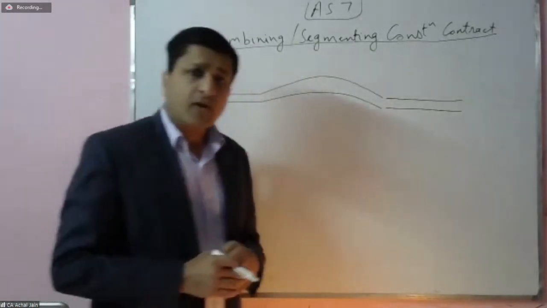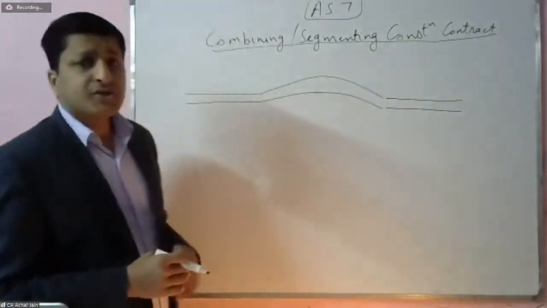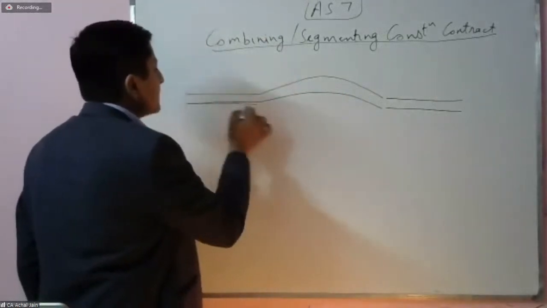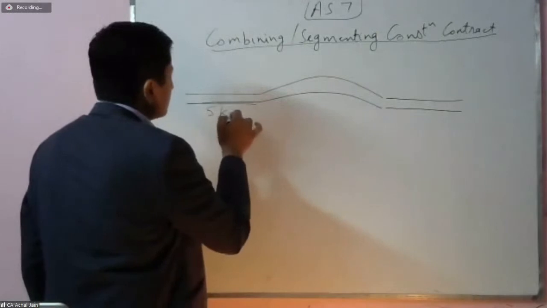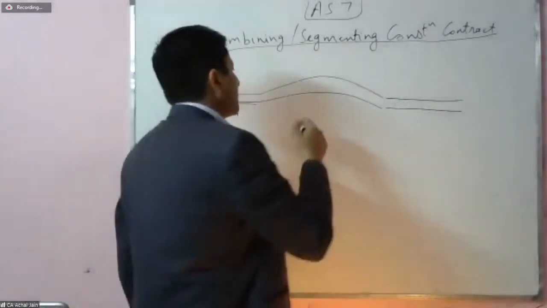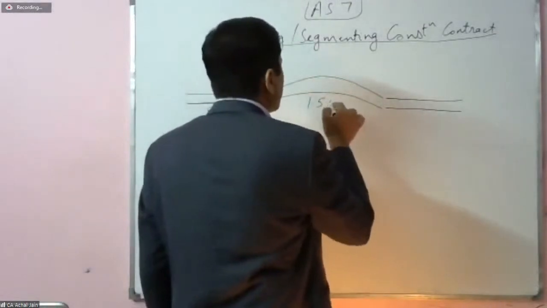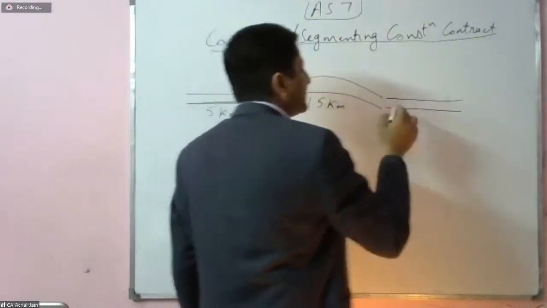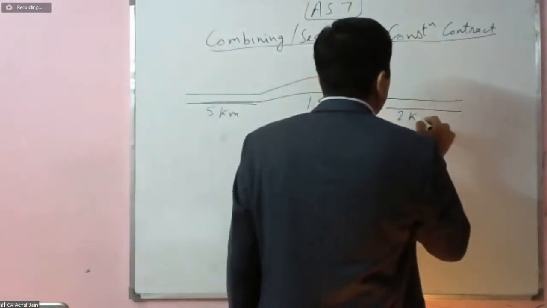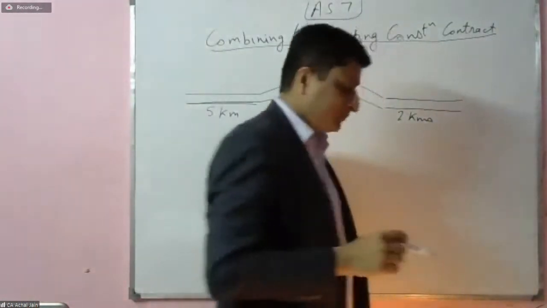Now, first of all, for the construction, there has to be a stretch of road. Let's suppose this is 5 kilometers. Then there will be a flyover which says 1.5 kilometers. And then again there is a stretch of road which let's suppose is 2 kilometers.